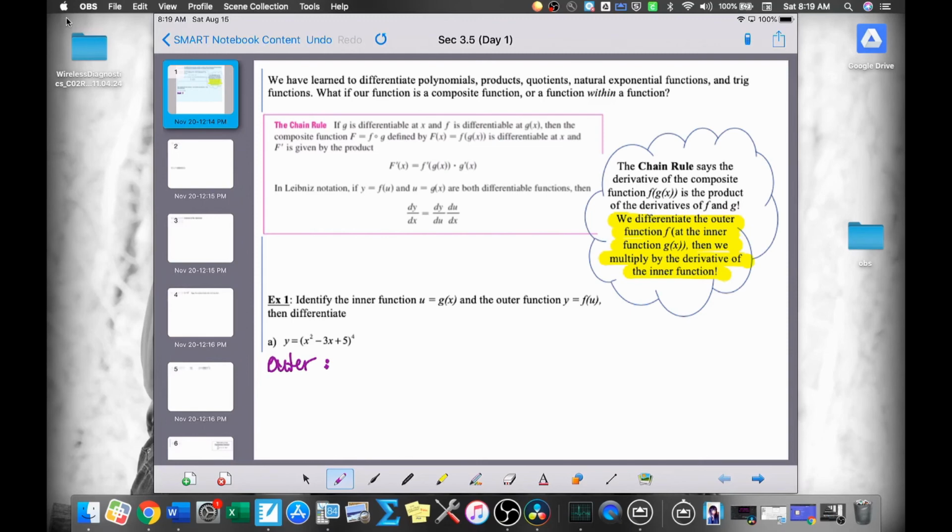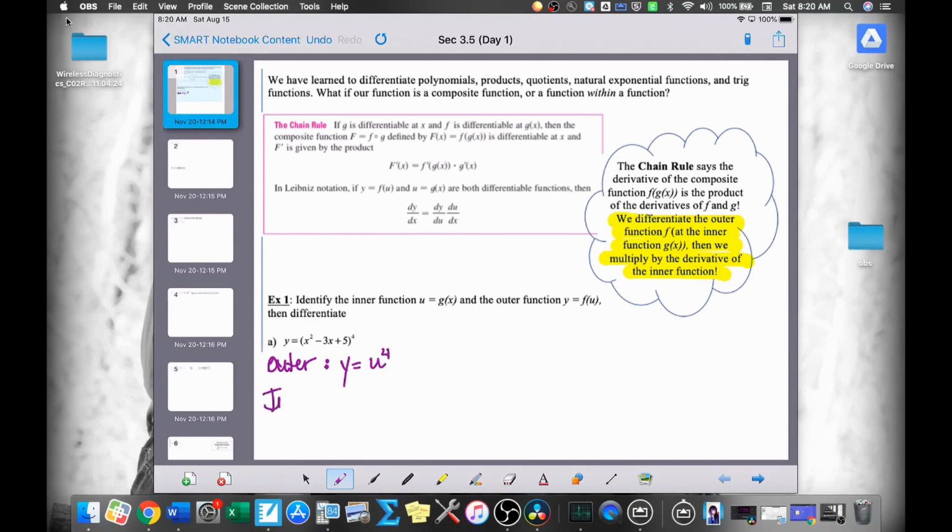And whenever we talk about chain rule, we always use y equals, and then our placeholder for that inner function is u. Okay, so our outer function is going to be y equals u to the 4th, understanding that u represents the inner function.